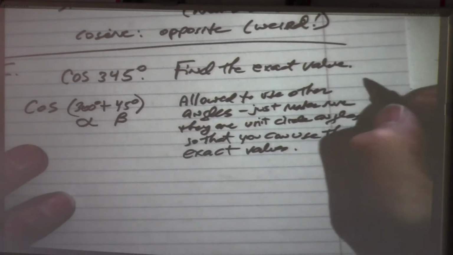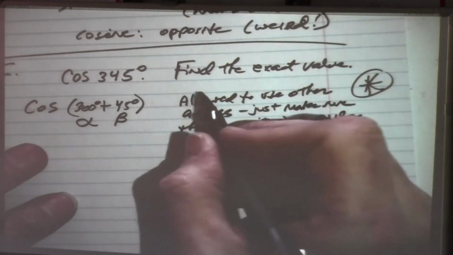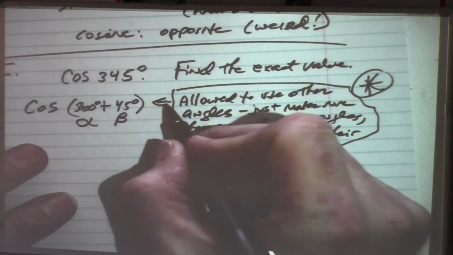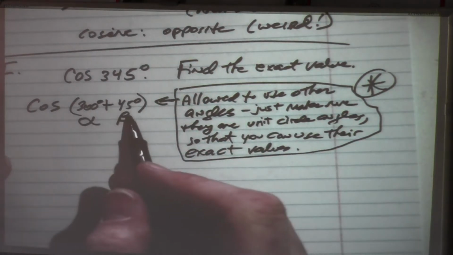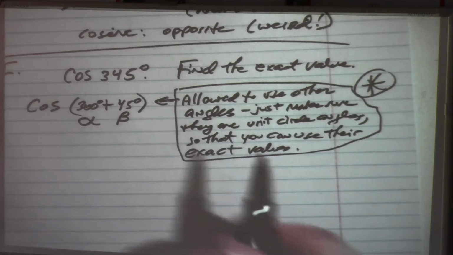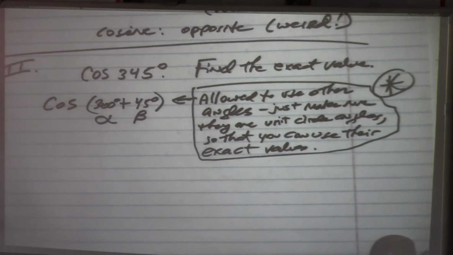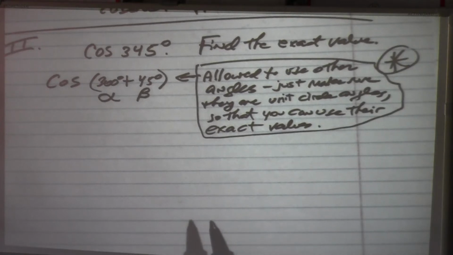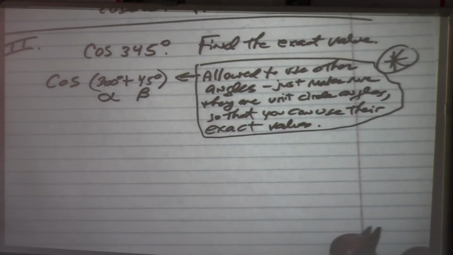That's really important. You can use any combination, but it's really hard to do if you don't use ones that are on the unit circle. So there's a plus for you to remember that. And that's another reason why the unit circle is useful.